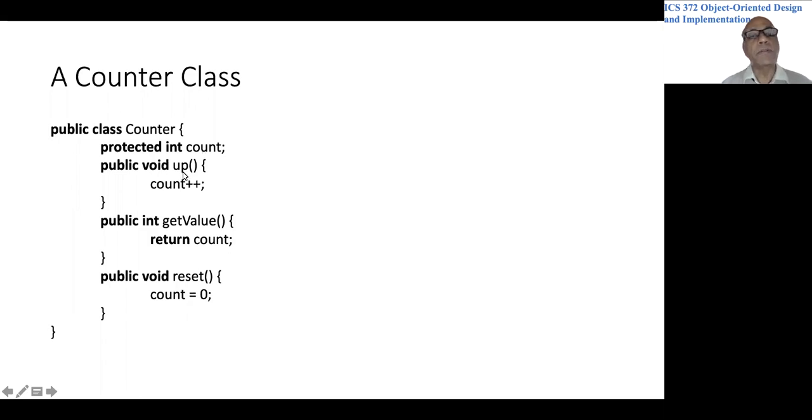So you can up the counter by using this method up, and it increments the value of count by 1. You can get the current count value by issuing this method called get value. It returns the current value of count, and you can reset the counter by calling this method. It sets count to 0. So this is useful for counting the number of operations, whatever that operation might be.